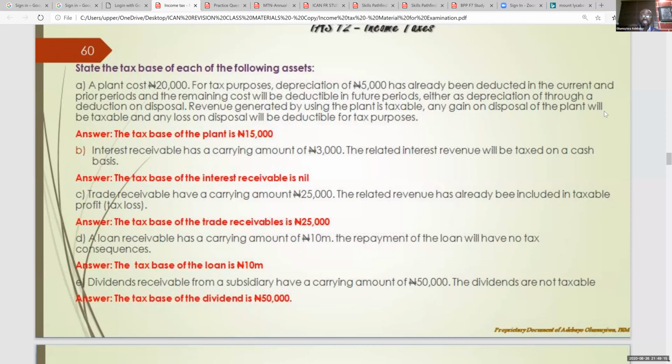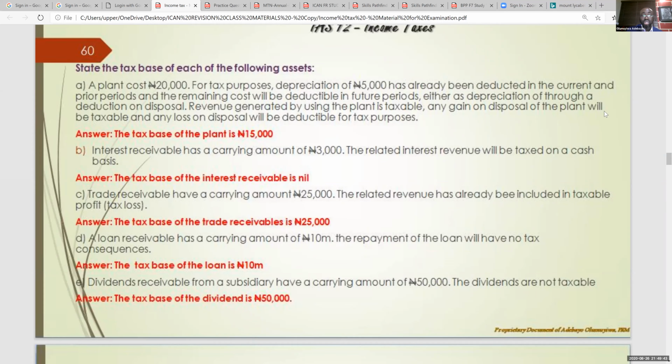Which then means that in that situation, the requirement of the tax law is in tandem, similar in treatment, with what financial reporting requires. In that case, there won't be a tax temporary difference. And the only time a temporary difference will not exist is because the carrying amount and tax base are the same. In that regard, I can infer that my tax base is the same as that 25,000, which is the carrying amount.